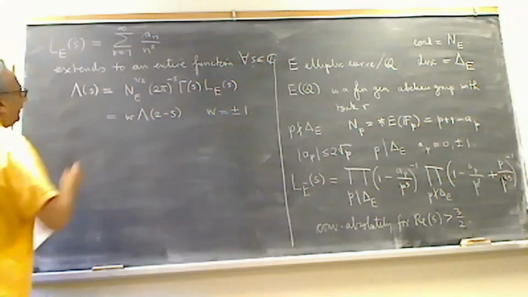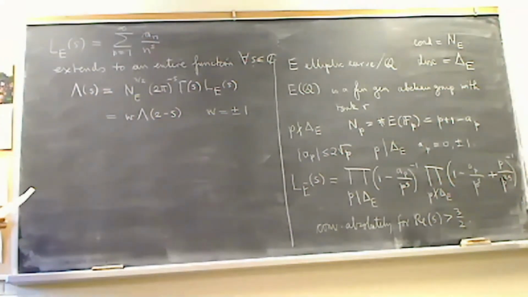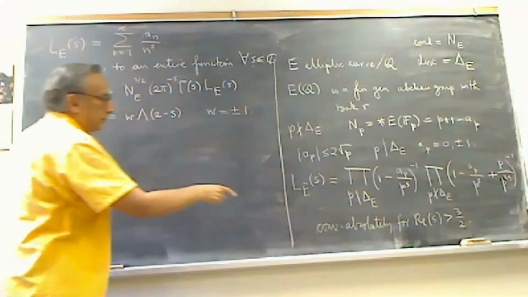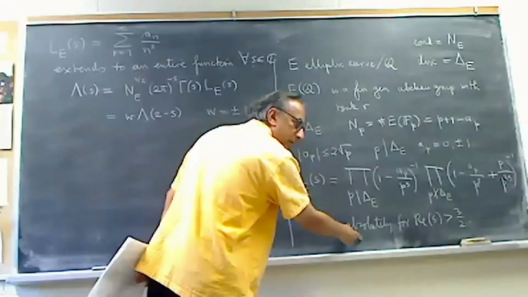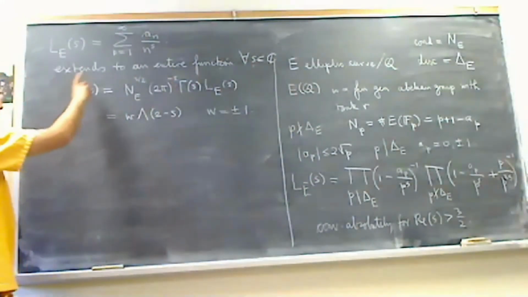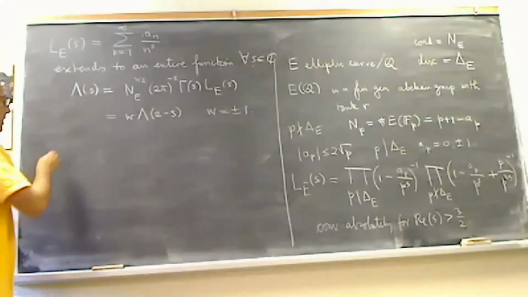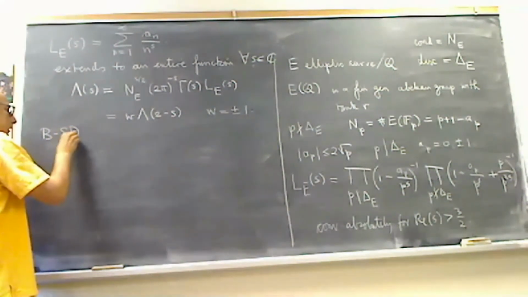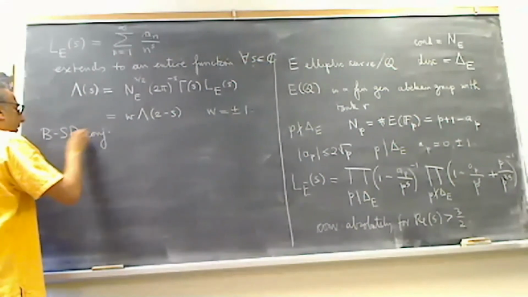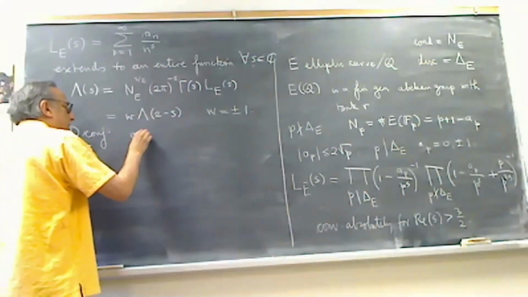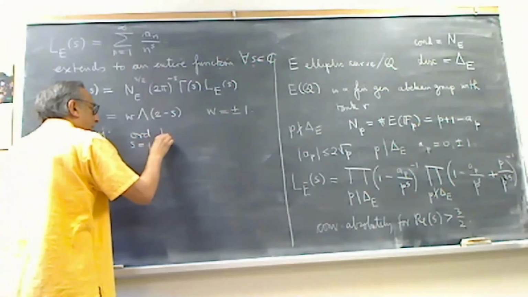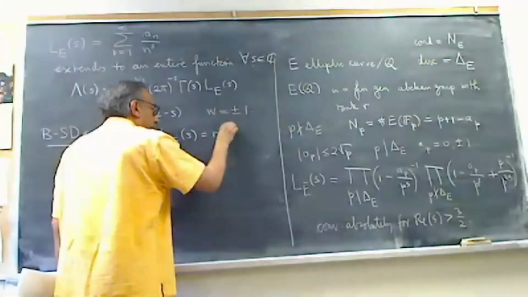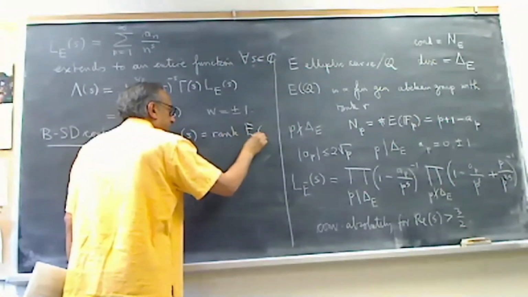And we have this knowledge about the L function, and so we can talk about s equals 1 now. Originally the Dirichlet series only converged for real part of s bigger than 3/2, but now, since it's an entire function, we can talk about s equals 1. The Birch and Swinnerton-Dyer conjecture, as it's normally stated, is that the order of the zero at s equals 1 of L_E of s is the rank of the Mordell-Weil group.